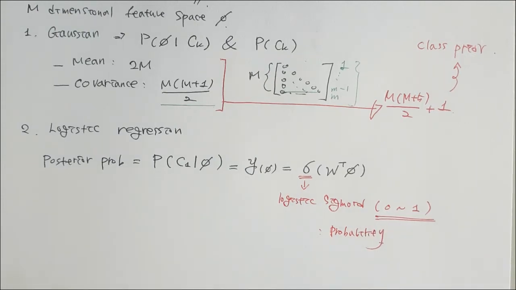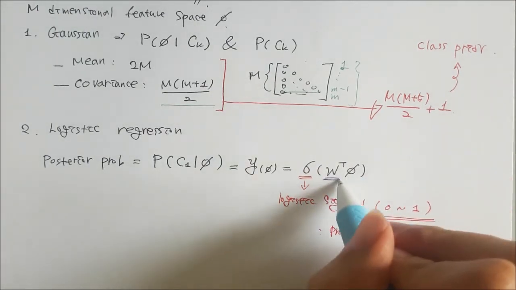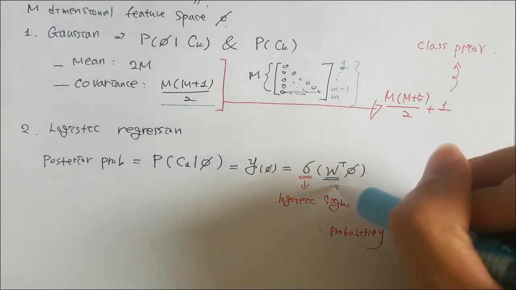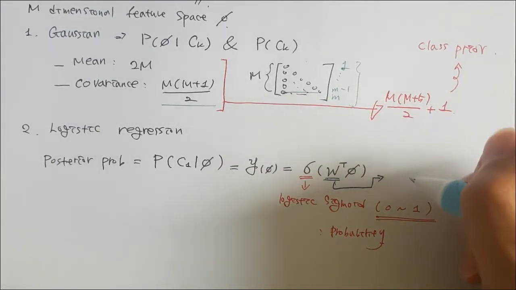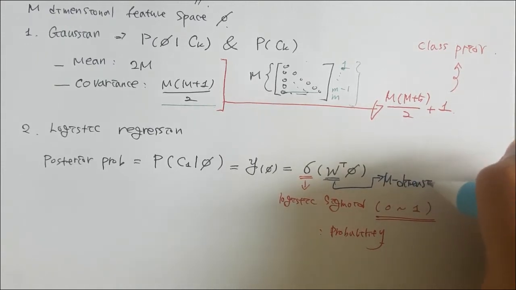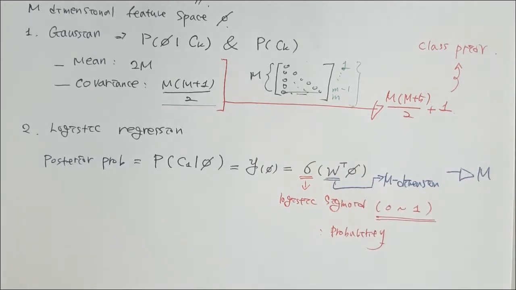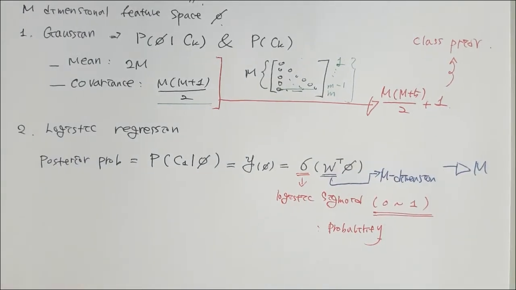And here we have W, which is the weight. It has only m dimensions, therefore it requires only m parameters. So it is really efficient when the dimension is really high.